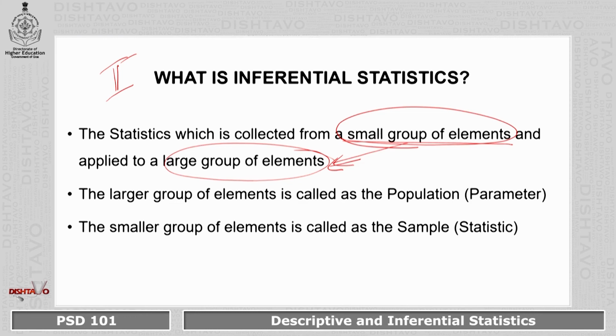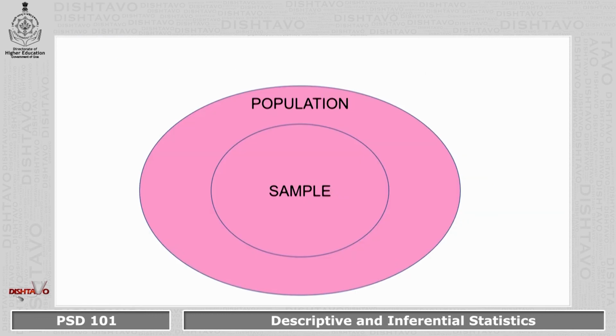The large group of elements is called a population. Population is also synonymous with the word parameter, that means it can be used interchangeably with the word parameter. And the sample, that smaller group we were talking about, is also called a statistic.